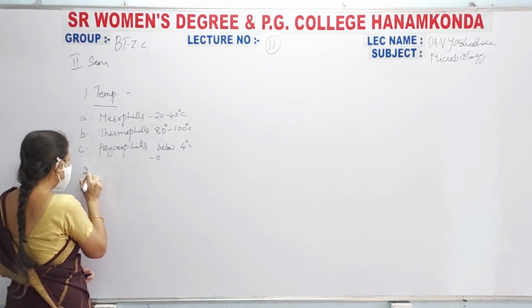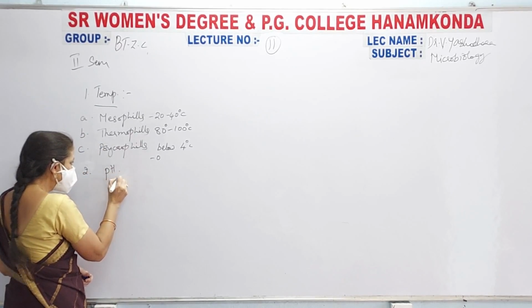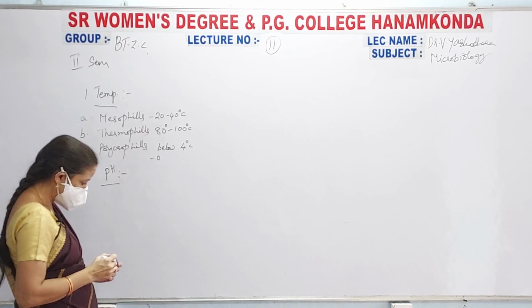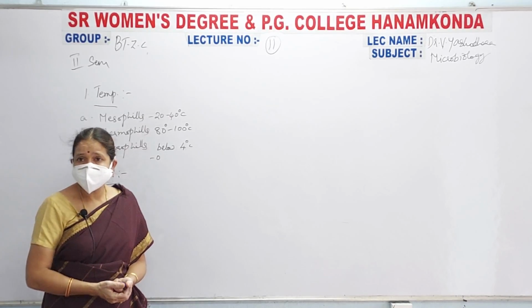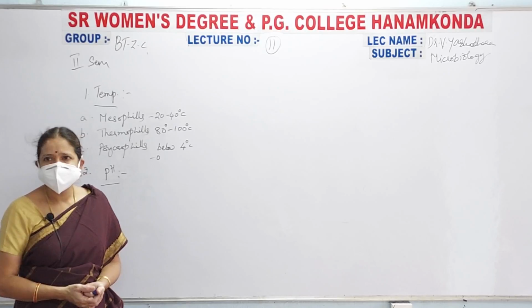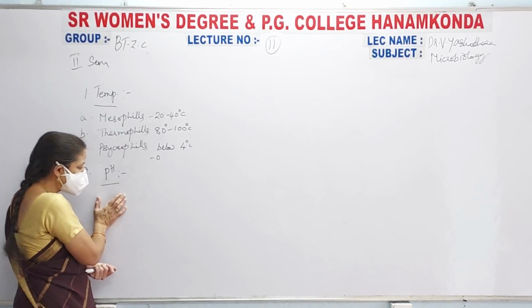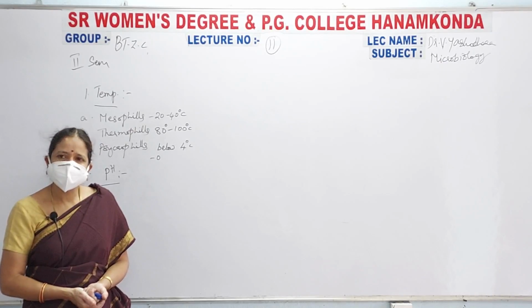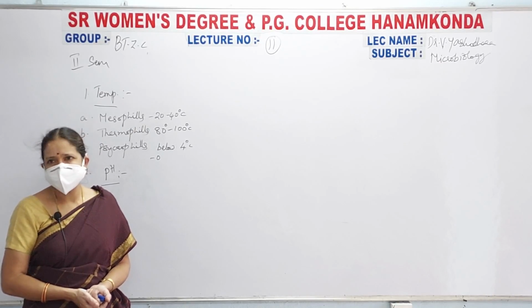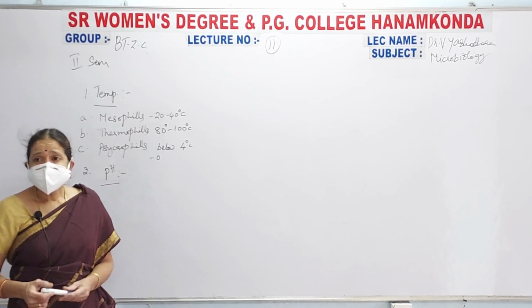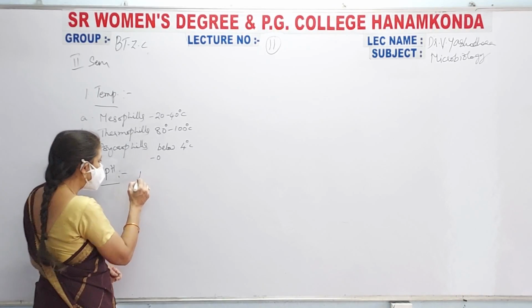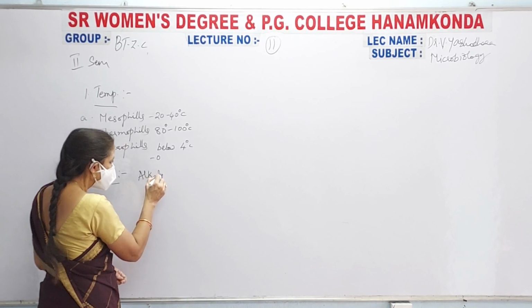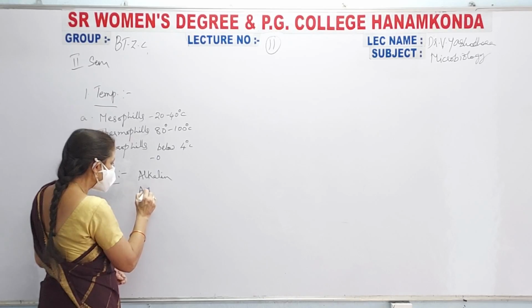Coming to the second one, pH. What is the definition of pH? pH is the negative logarithm of hydrogen ion concentration. Generally pH plays an important role in the growth of microorganisms.